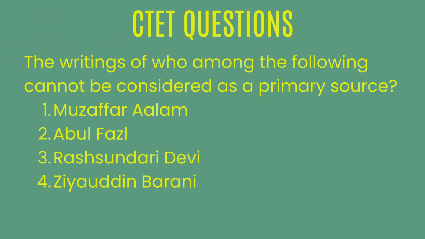Let's take one more. The writings of who among the following cannot be considered as a primary source? Muzaffar Alam, Abul Fazl, Rashundari Devi, and Ziauddin Barani. Now, if you look at this question, obviously there is one name you would not recognize. That is because Muzaffar Alam is a Delhi University professor and he is an expert who has been used for writing these textbooks.